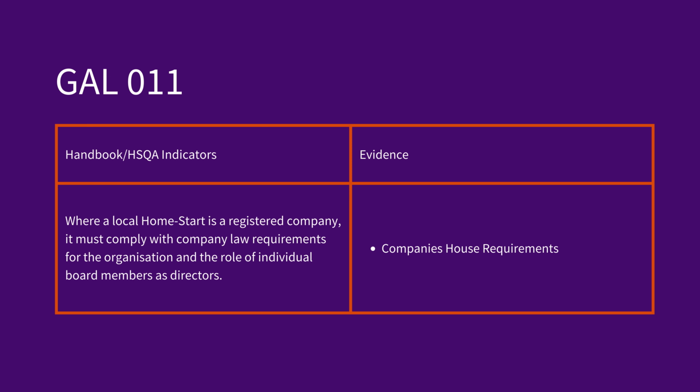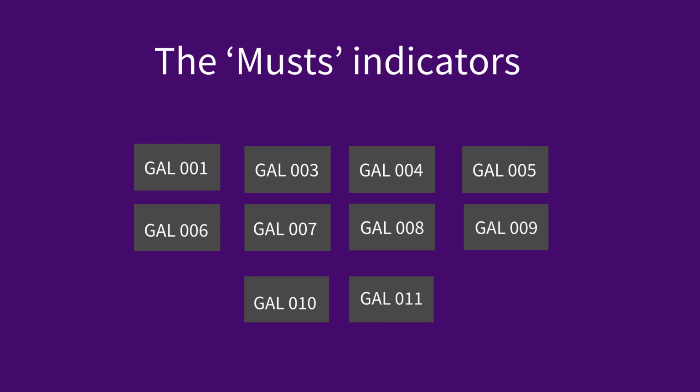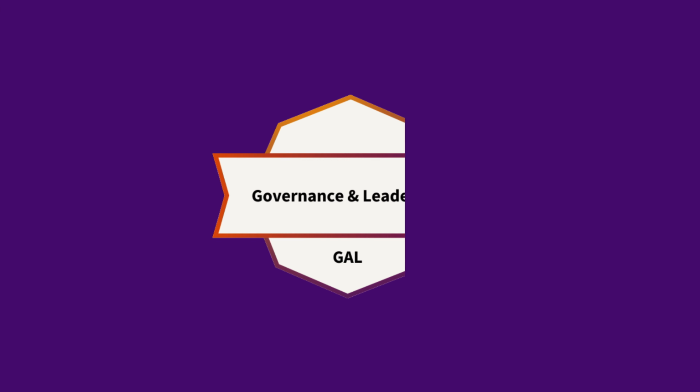it. And really that's very similar to GAL 011, which is really, if you're incorporated, just make it self-assessing that you are compliant with the key requirements of company law. So they're all the must requirements, which we will be looking at in detail when we go through the submission.